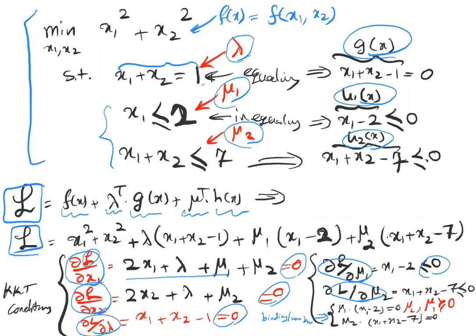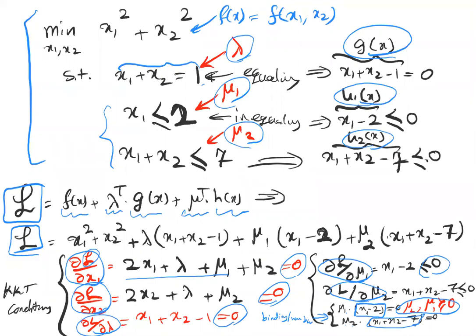So we have mu sub 1 multiplied by the first inequality constraint should be 0. Mu sub 2 multiplied by the second inequality constraint should be 0. We also have an additional constraint which tells us mu sub 1 and mu sub 2 both should be greater than or equal to 0.